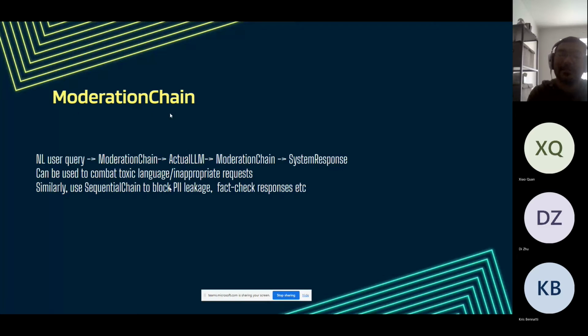And finally, there is something called the moderation chain. Currently LangChain provides the OpenAI moderation model, but you can imagine replacing this with a sequential chain to do anything that you want. For example, if you have a model that detects PII, you can have it sit in front to ensure that the model is not spitting out PII to the user.